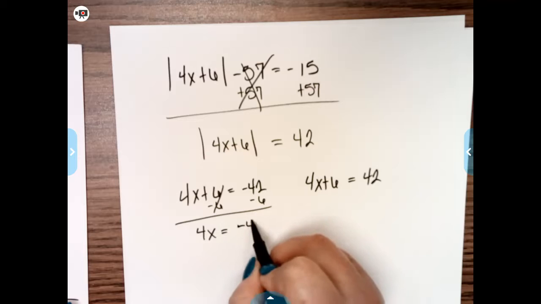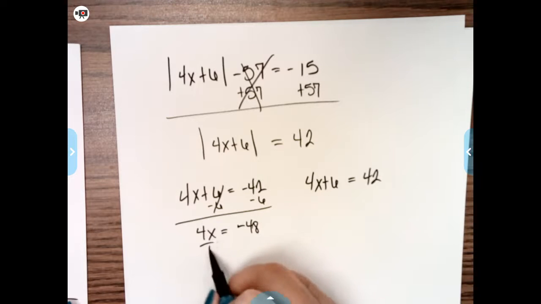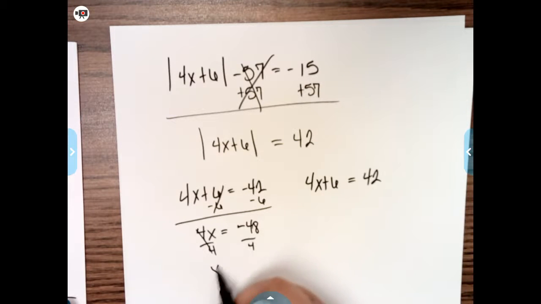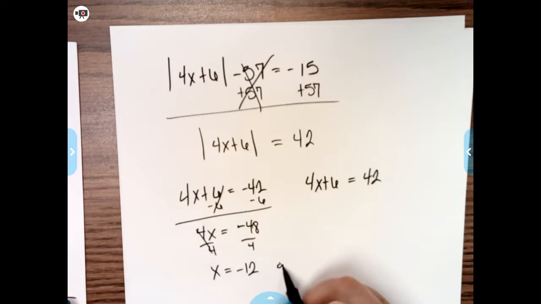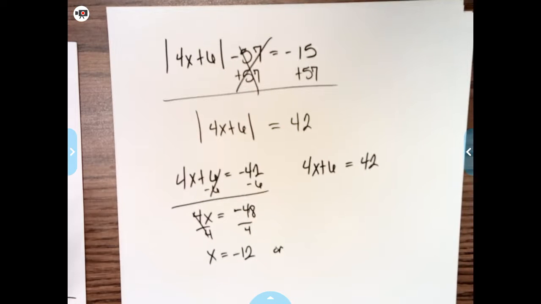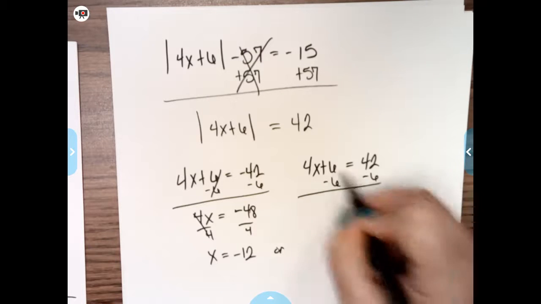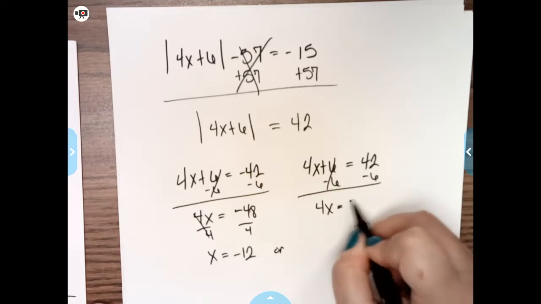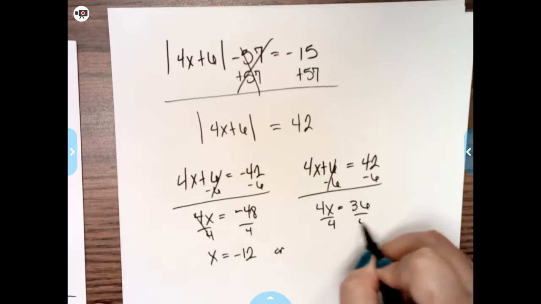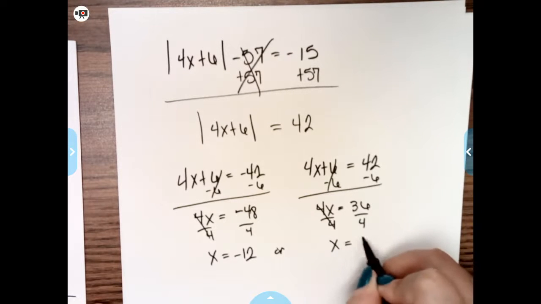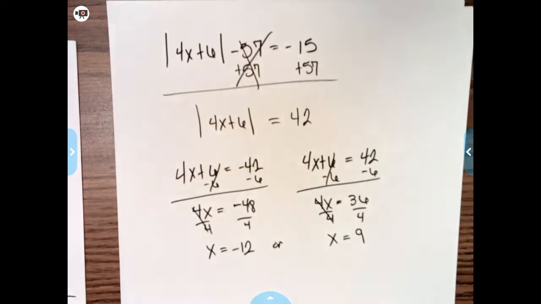That's going to be negative 48. And then let's go ahead and finish this one off. Divide, so that's going to be negative 12. Or remember, it's one or the other, or both. So this one, subtract 6. 4x equals 36. And then divide off our coefficient. x equals 9.